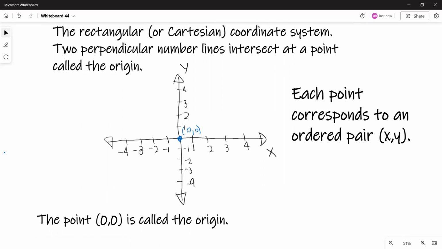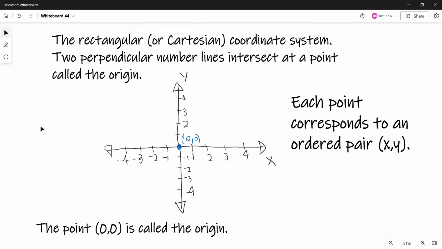And we have other points determined by the position on the number lines. Like we can have the point 1, 2. A point over the x-axis is going to be the point 3, 0. We can have a point like -3, 4, determined by the position on the x-axis and the y-axis.